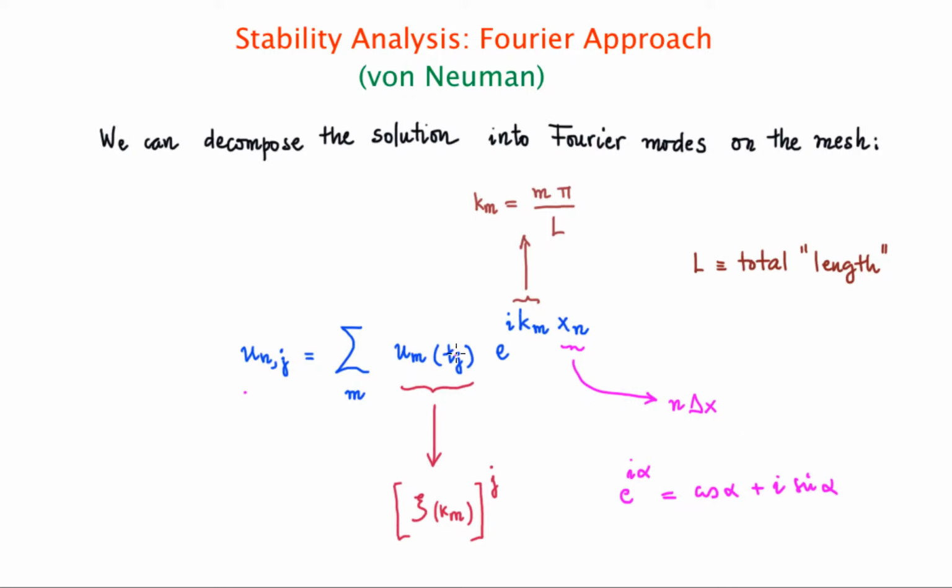As we have said before, we are going to consider each of these modes independently. For that, we consider that this u function can be written in this way, and the exponential will have i times the k parameter times this x_n, which can be written in terms of this n index.